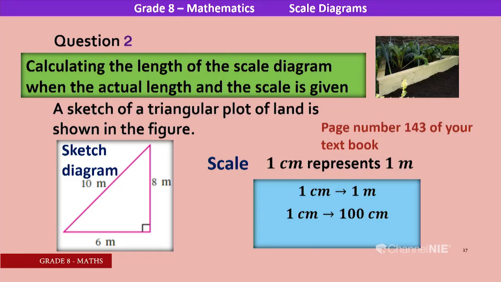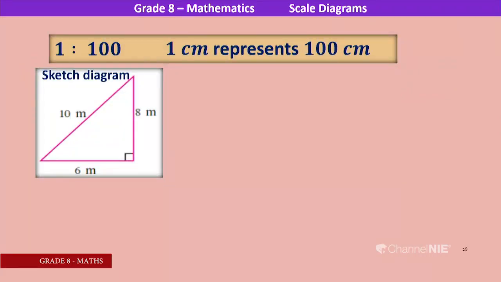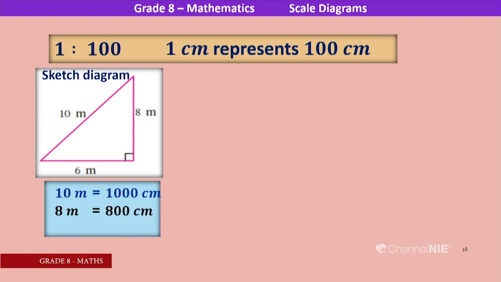Converting meters into centimeters, 1 to 100. 1 centimeter represents 100 centimeter. Yes, here 10 meter, 1000 centimeter. 8 meter, 800. 6 meter, 600 centimeter.